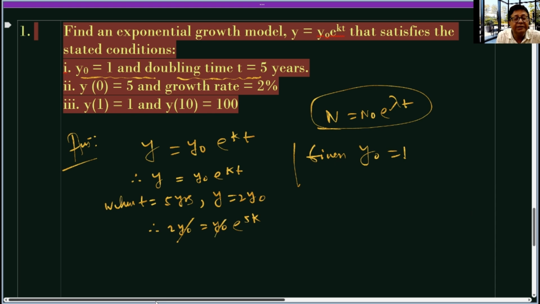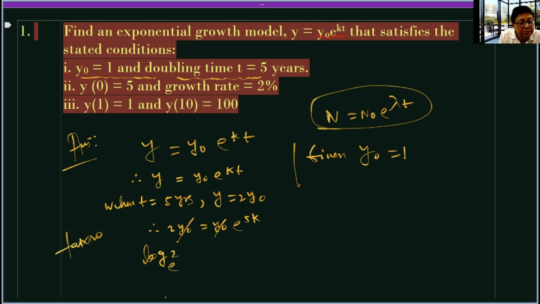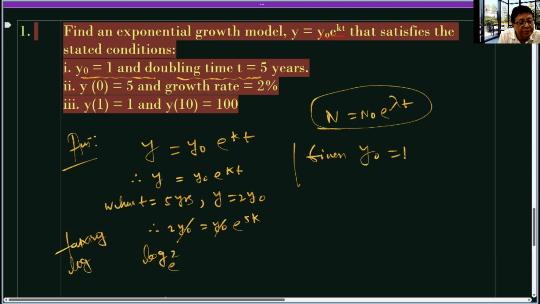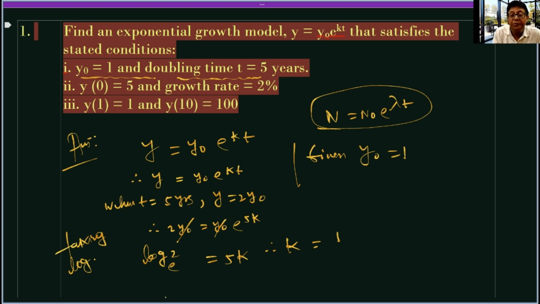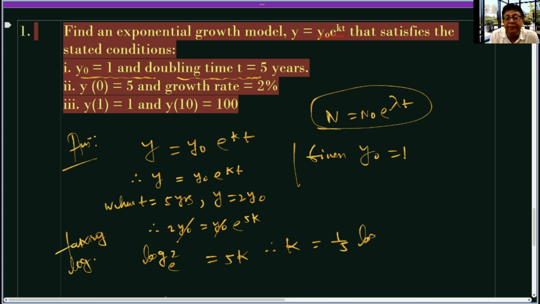These two y0 get cancelled. Take log of both sides. Taking log of both sides, it will be 5k equals log 2. So what is the value of k over there? The decay constant, the rate of decay; in case of growth, the rate of growth. The value is 1 by 5 log 2 base e. You can go through the book.